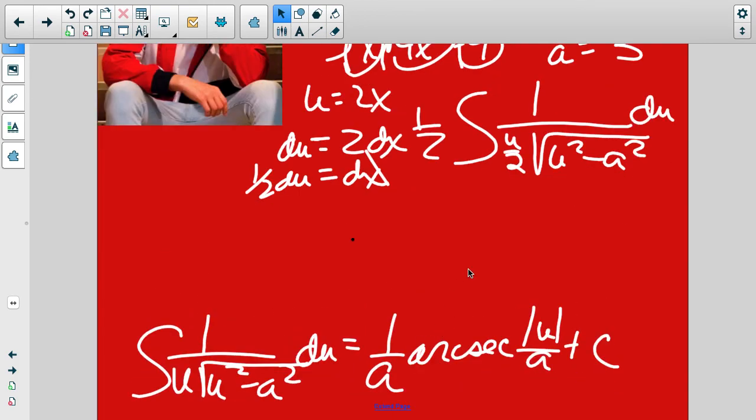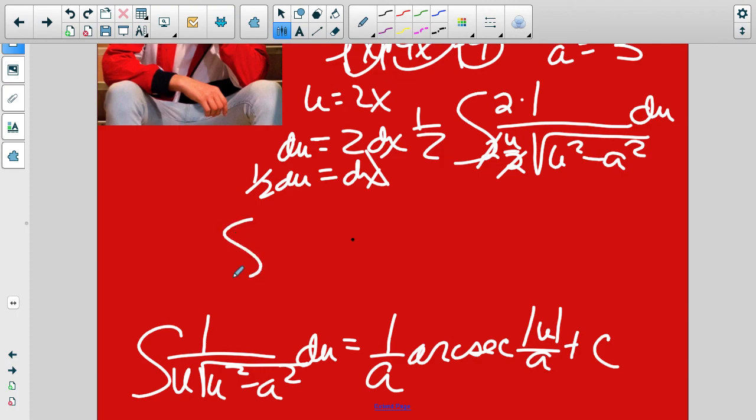So I have to be really careful with this because I almost have this pattern right. I want that u to be there all by itself. So couldn't I multiply the top by 2 and the bottom by 2? All right, so I'm going to multiply the top by 2 and the bottom by 2, and that cancels. Now where can I put that 2? Outside, which gets rid of the other 2. Right.